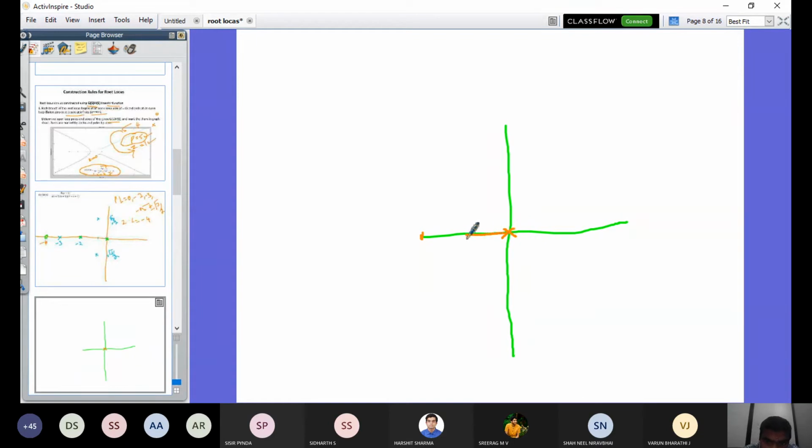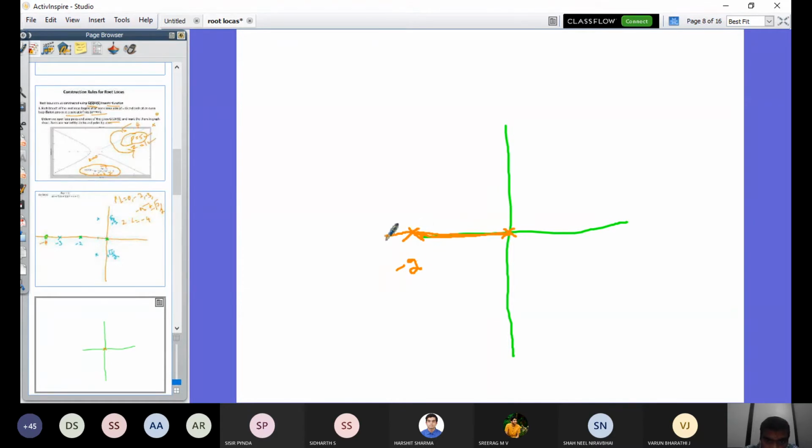So from this point to the next pole or zero should be part of the root locus. Able to follow? So from 0 to -2 we get the root locus segment. If the number of poles and zeros in the right half of the segment is odd, then that part will be a part of the root locus on the real axis. Now at -2 we have another pole.